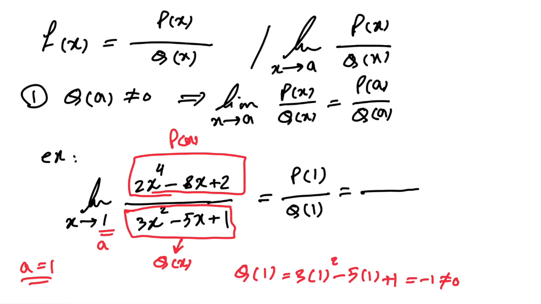So the answer is negative 4, and denominator is negative 1. So what is the limit? Limit is 4. Okay, so the first situation is easy. At first we check the value of polynomial denominator q(x) at a, if it's non-zero, then the limit of p(x) by q(x) is just p(a) by q(a). We just plug in a into the function p(x) by q(x).